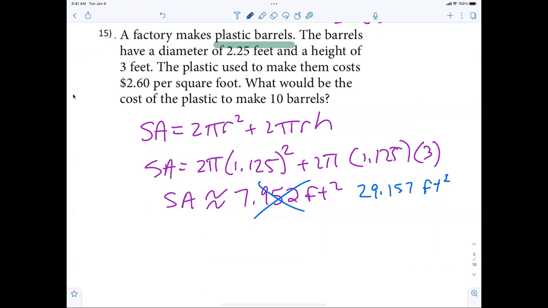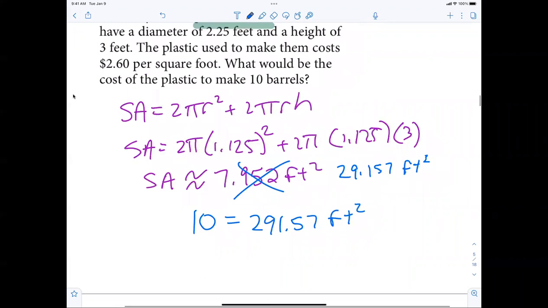Okay, so there we have it, 29.157 square feet, but then I need to multiply that by what? 10, because there are 10 barrels. So 10 times that is equal to 291.57 total square feet. And then you have to multiply that by 2.60, and that will give you the cost.